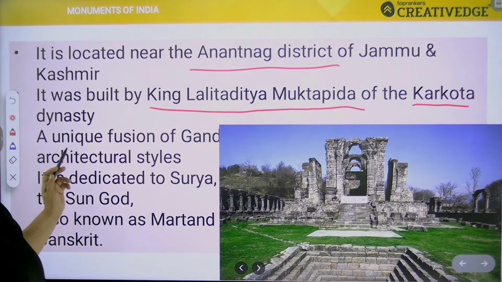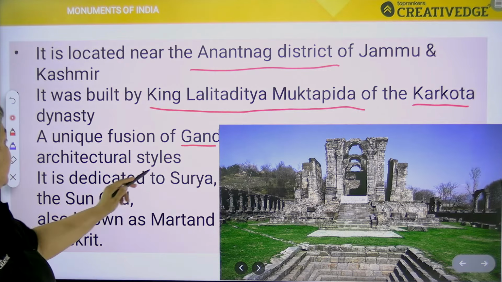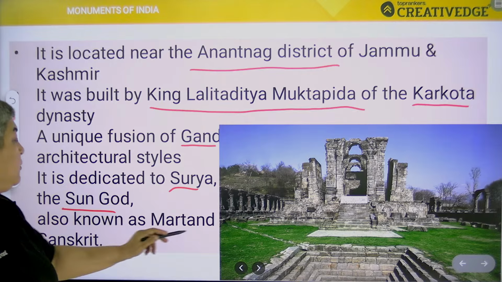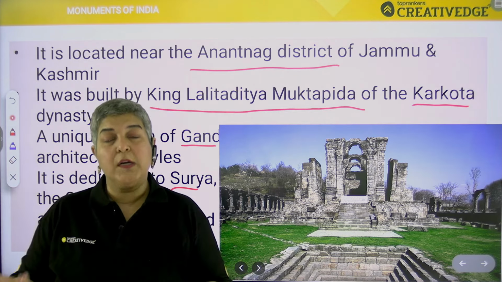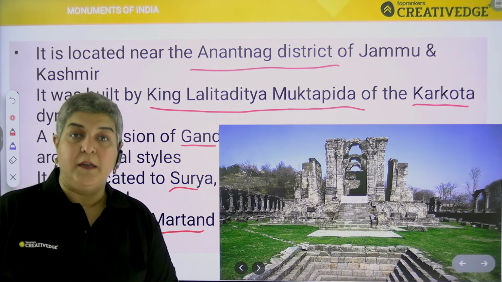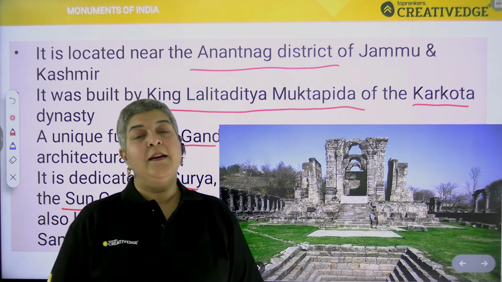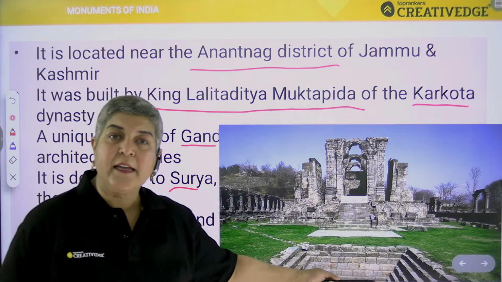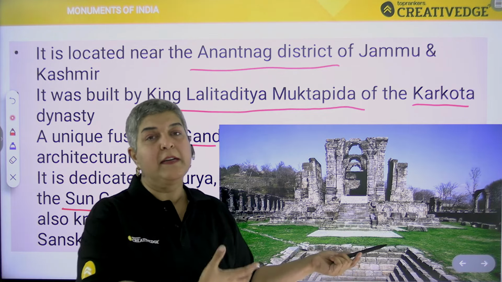It is a unique fusion of Gandhara architectural style and dedicated to Surya, the sun god, also known as Martand. तो सूर्य जी, सूर्य सन गॉड का अलग दूसरा नाम है मार्तंड। ओके, एंड गंधारा टाइप का आर्किटेक्चरल स्टाइल देखने को मिलता है। यहाँ पर अभी आप सिर्फ ruins देख सकते हैं, but yes, you need to remember the picture of what the temple looks like.